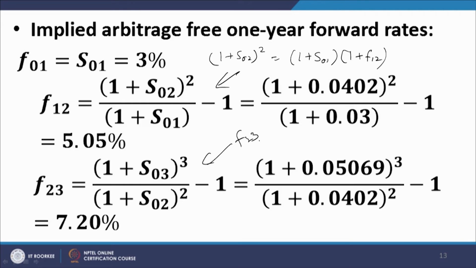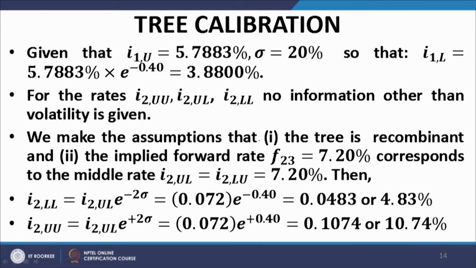So, now we have the spectrum of forward rates, and we are equipped to start working on the binomial tree, calibrating the binomial tree. Here is the calibration. We are given I1u is equal to 5.7833%. We are also given sigma is equal to 20%.